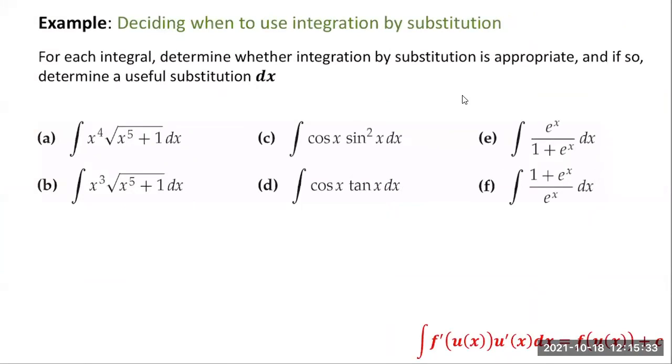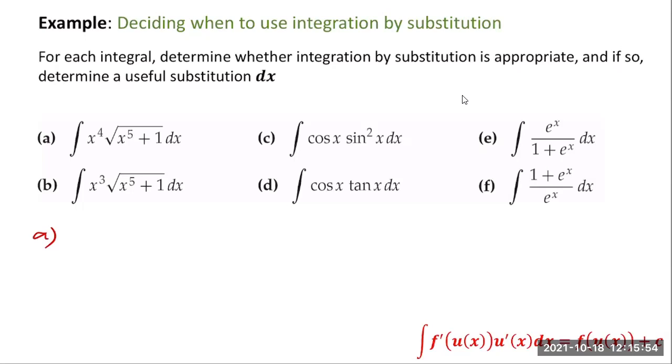All right, next we are going to work on this example. We have several parts. We need to determine whether a U substitution would be appropriate in this case or not. Let's address one by one. If you take the first part, would a U substitution be good in this case?